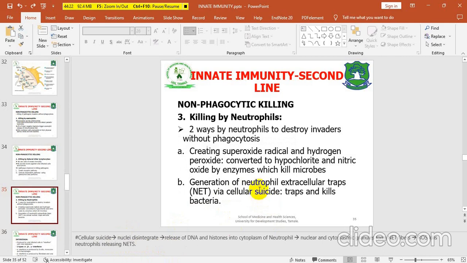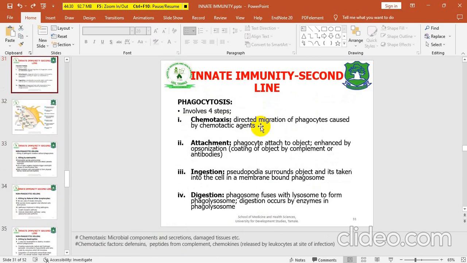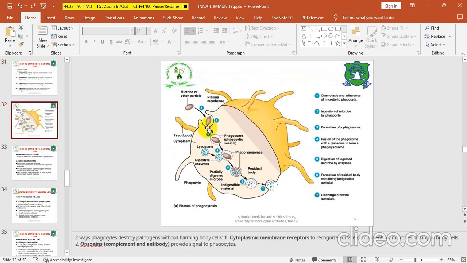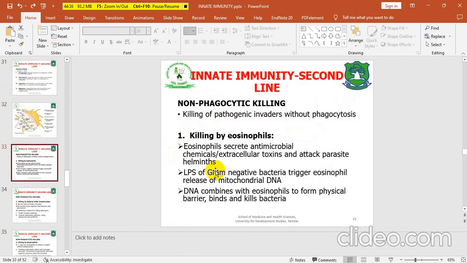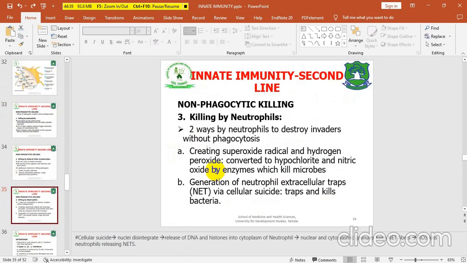Then we also have, under the non-phagocytic killing, the killing by neutrophils. So when we say non-phagocytic, that means that this phagocytosis mechanism will not occur when they are eliciting their combat or their fight. So killing by neutrophils.